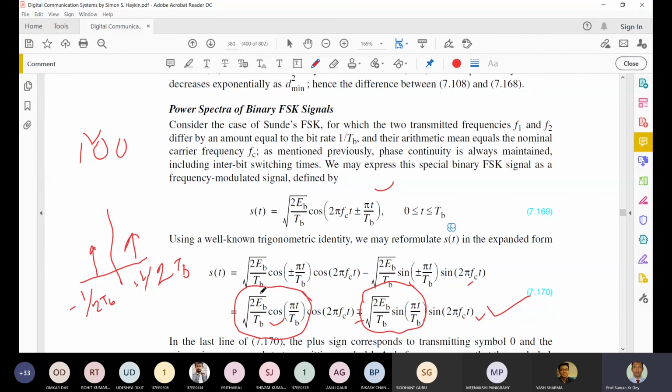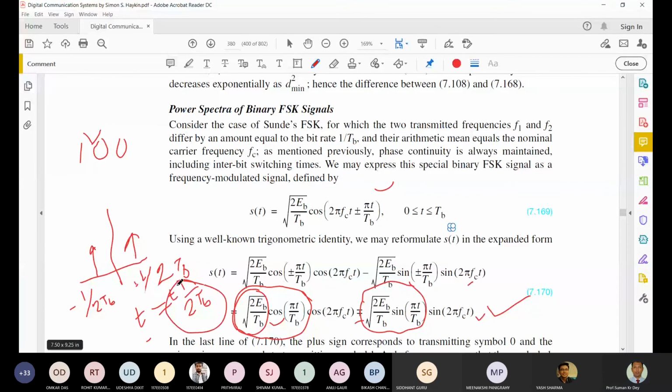Okay, so this is the amplitude, or magnitude you can say, of the delta function. And this value occurs at plus minus 1 by 2 TB, at the frequency position where it is occurring.